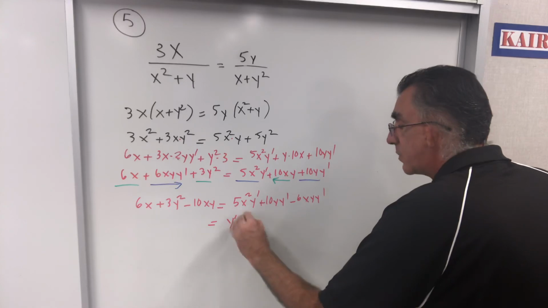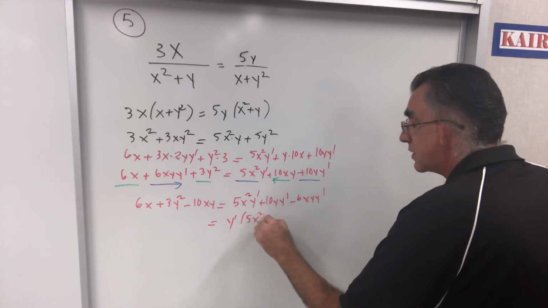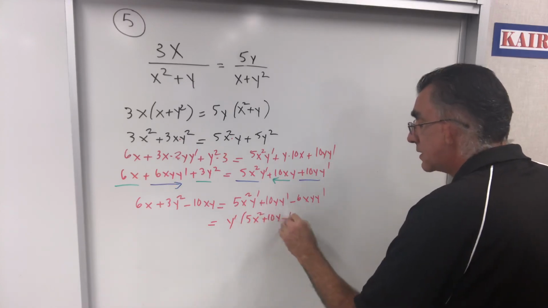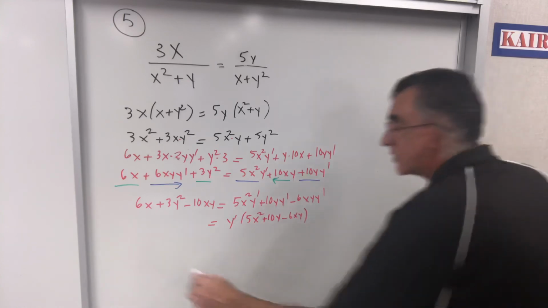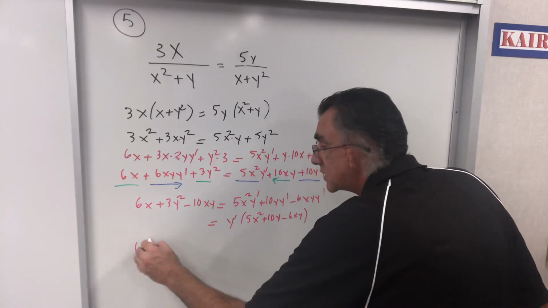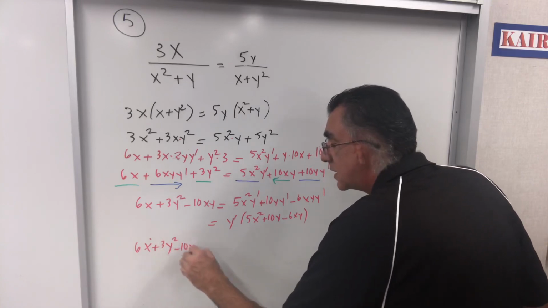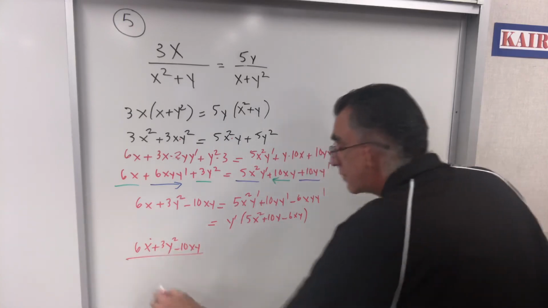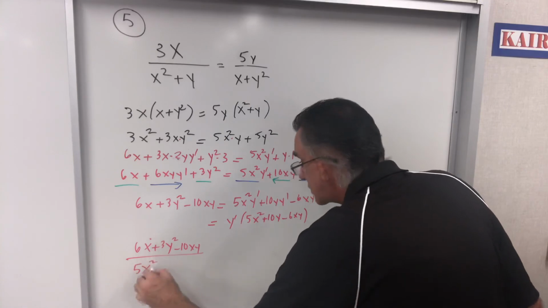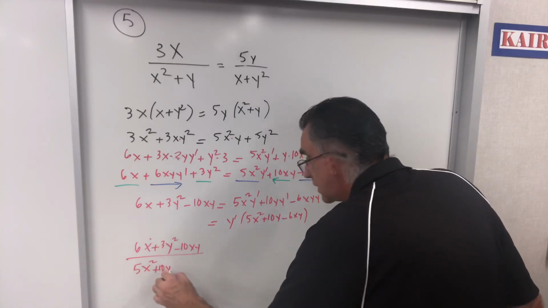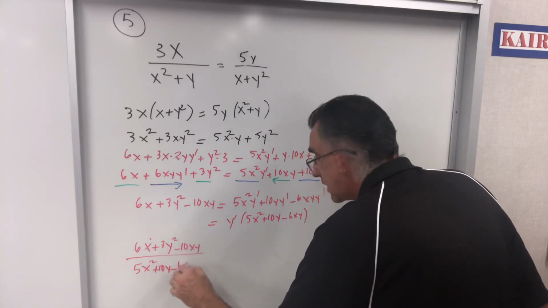Then you factor out the y prime so that you can divide. y prime equals (6x plus 3y squared minus 10xy) all over (5x squared plus 10y minus 6xy).